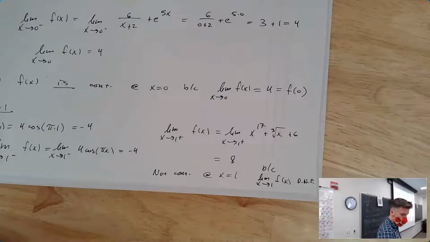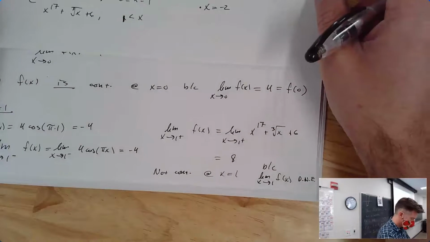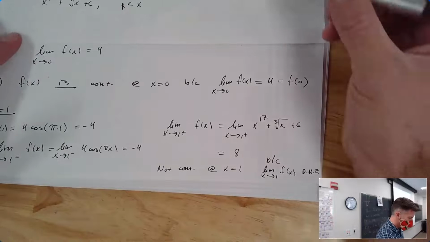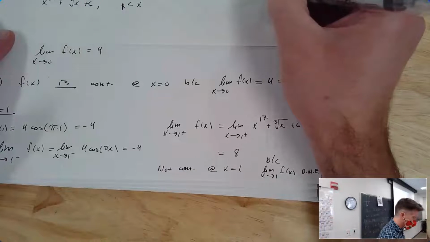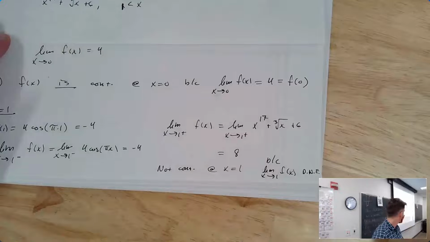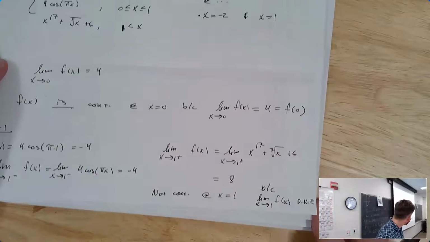So this function that we started with here, it's discontinuous at -2 and at +1. Sorry, you can't see that. Apologies.